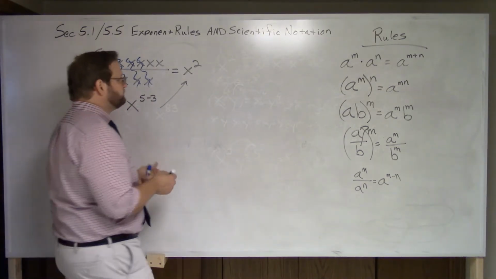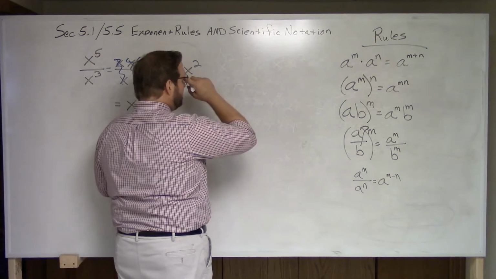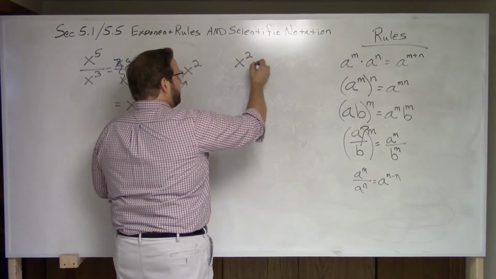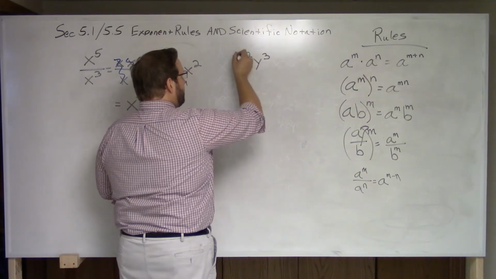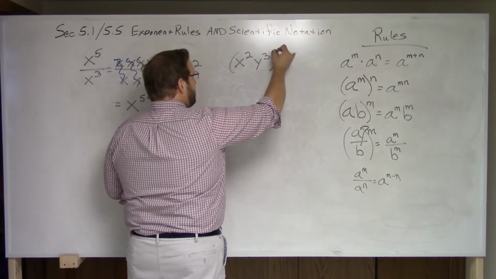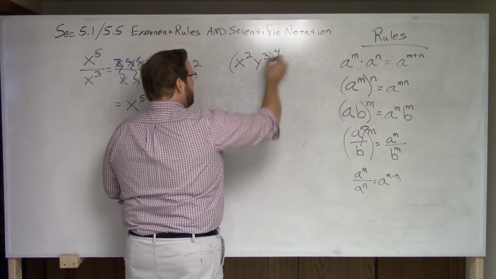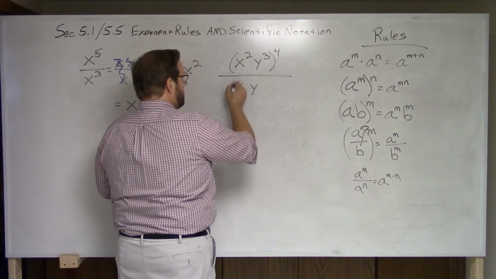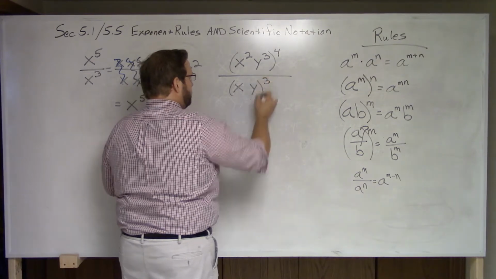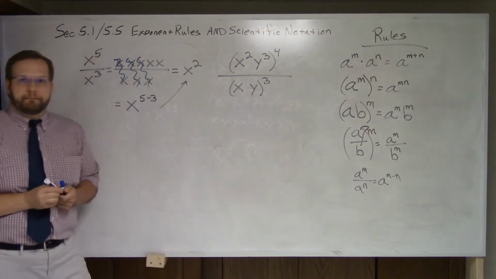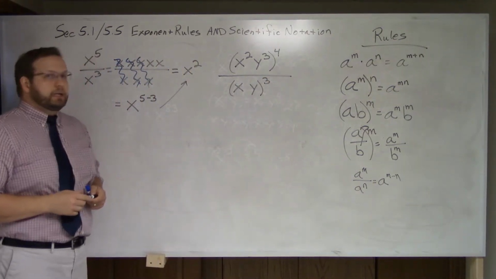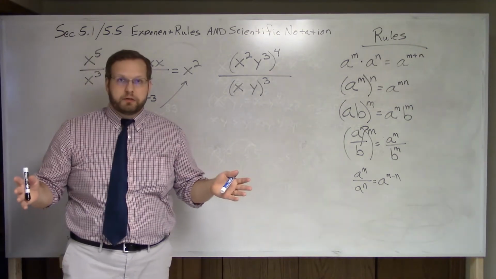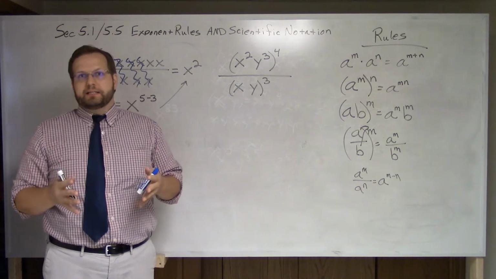How about something like that? Okay? Now, what I always tell my students is the first thing you want to do is lay everything out. That means get rid of the parentheses that are in the problem.